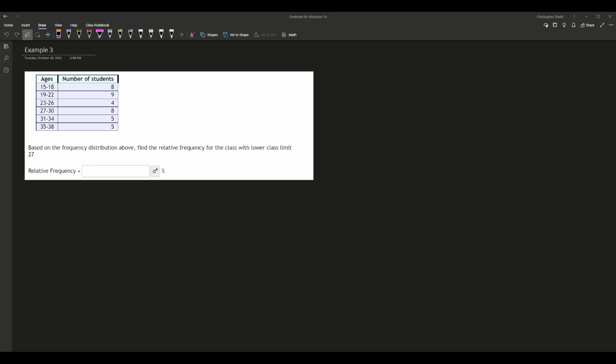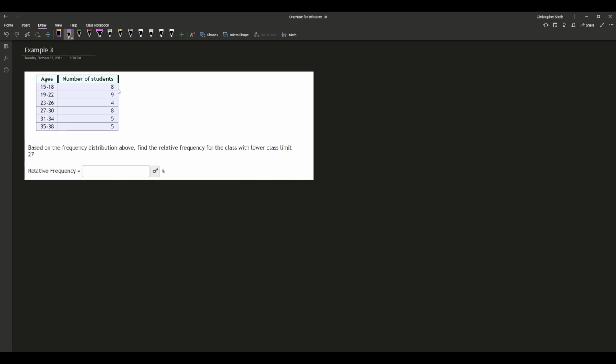So notice this is important, and this is why I captured the answer box, that this has a percentage next to the answer box. The answer box here in my Open Math has given us a percentage sign. This means that your answer shouldn't just be this number that we calculate. We need to make sure that it is in terms of a percentage. So whatever decimal we get, we're going to have to multiply by 100.